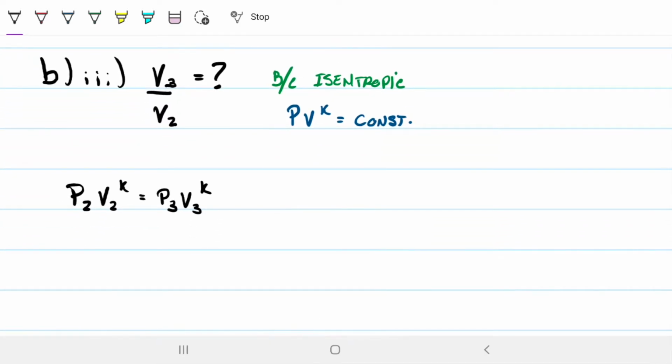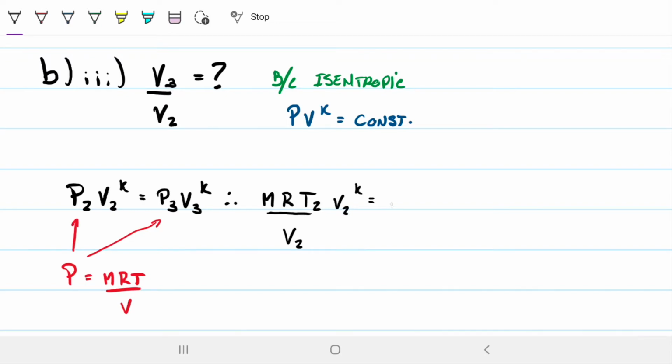And if that's true, then because it's an ideal gas, where we have pressure, we can substitute P equals mRT over V, the ideal gas equation. So I'm going to be left with mass times R times T2 divided by V2 times V2 to the K equals mass R T3 V3 to the K divided by V3.